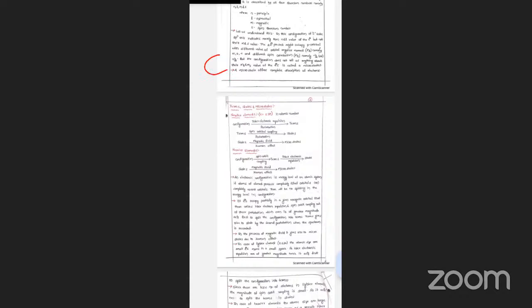What is the atomic number of carbon? 6. Generally we can write the details of this carbon as 1s2 2s2 2p2, like that only. This is not enough information for this element.